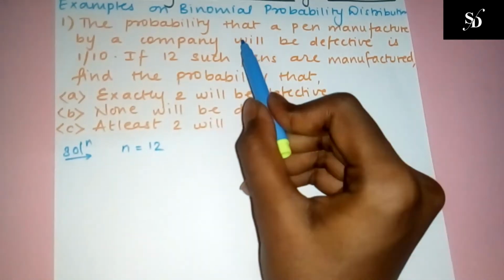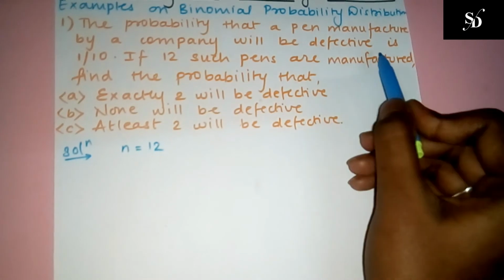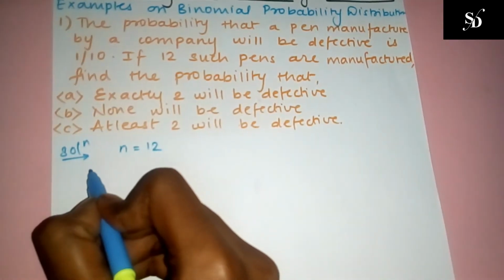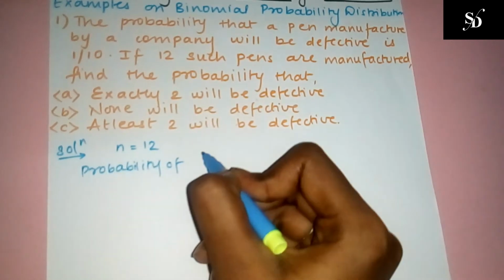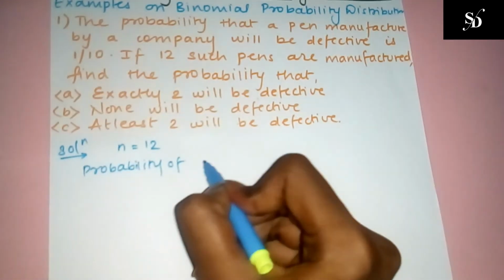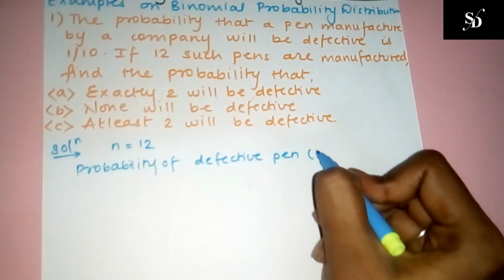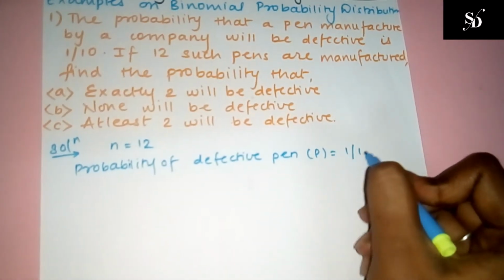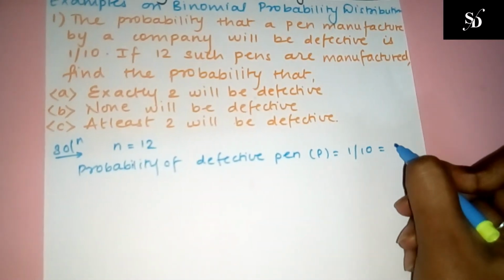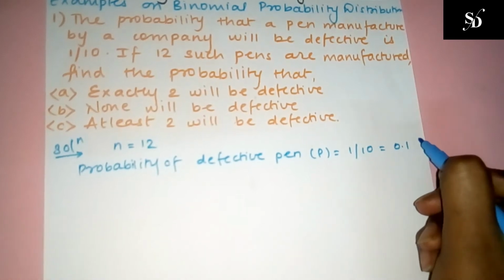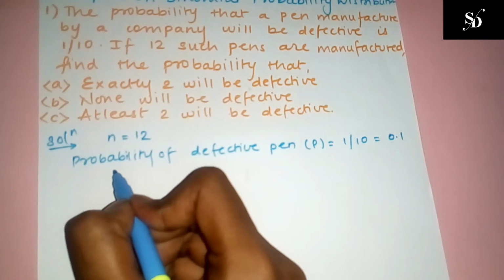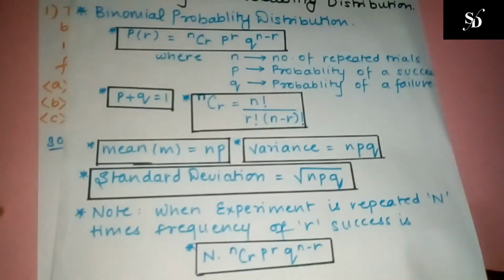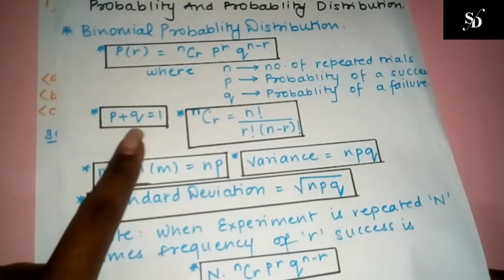They have given that a pen is manufactured and the defective rate will be 1 by 10. So probability of defective pen, which is P, is equal to 1 by 10, that is 0.1. Now we have to find Q. If you remember, there was one statement which I told you all to remember in the previous video, that is P plus Q is equal to 1.